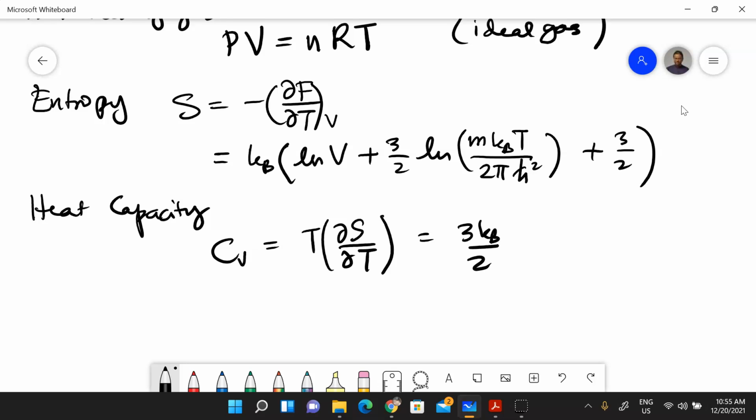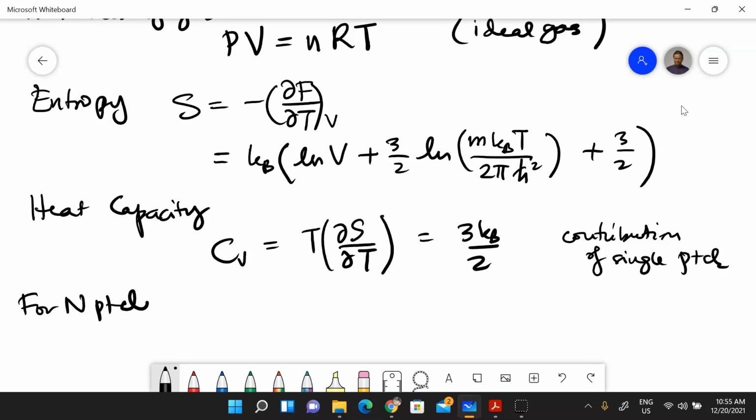This can be compared with the 1D case, where we have only kB over 2. Over here you have 3 halves kB, and this is the contribution of a single particle. For N particles, you get Cv equals 3N kB over 2.